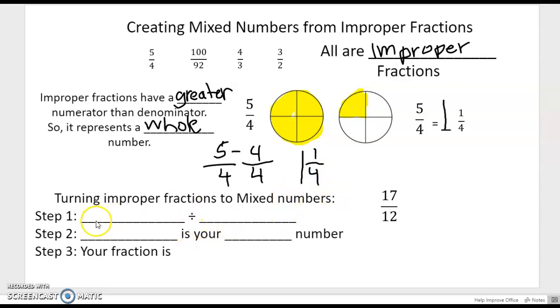You could also view it as a division problem because we know that all fractions are a division problem. Did you realize that? This fraction bar can be read as a division sign. So another way to do it is to, step 1, set it up where you are dividing your numerator by your denominator.